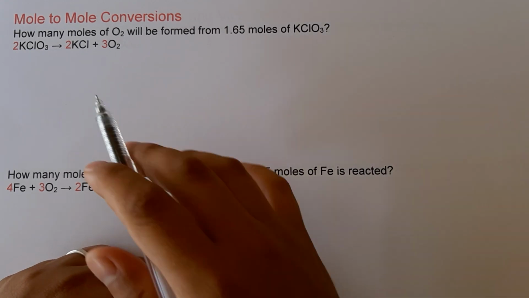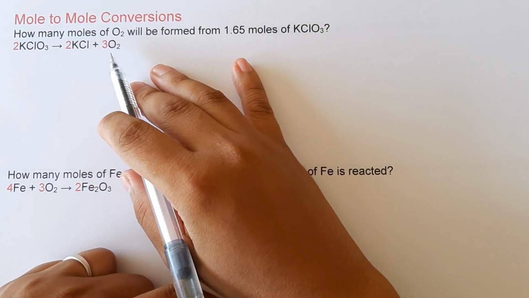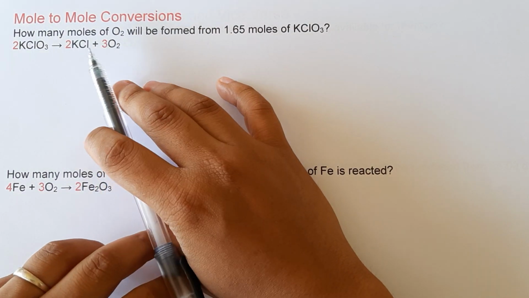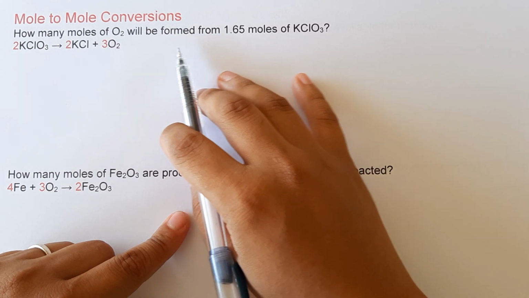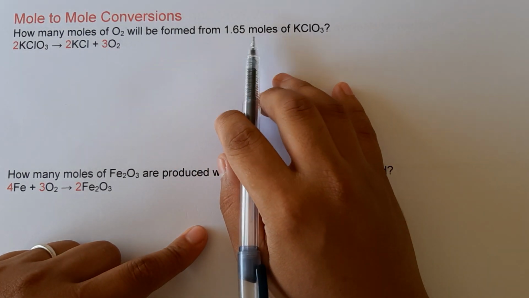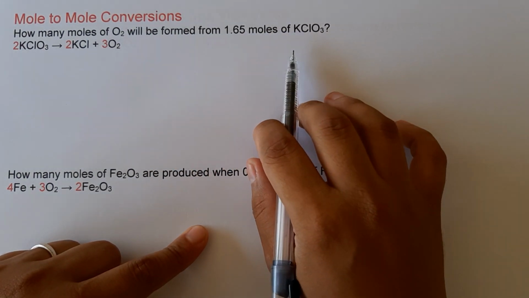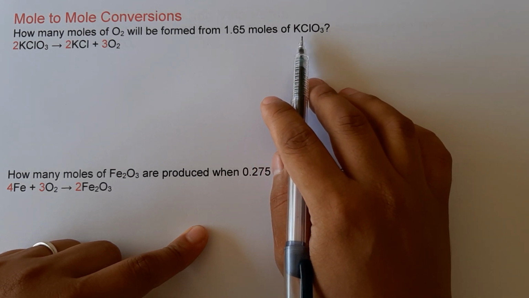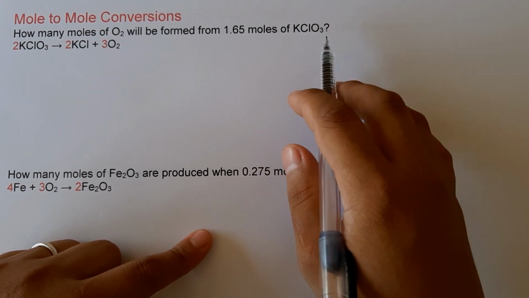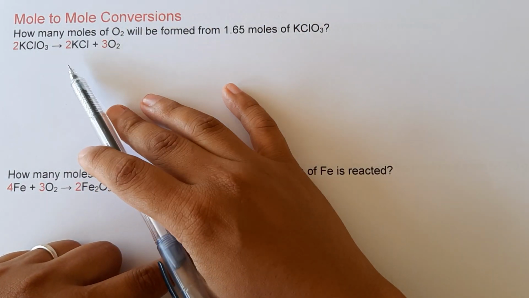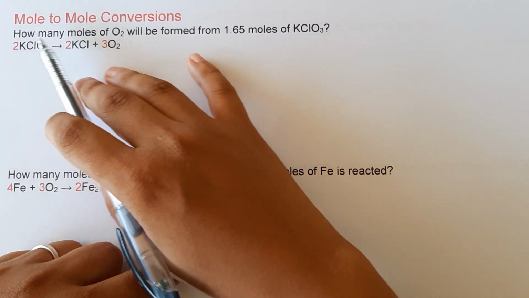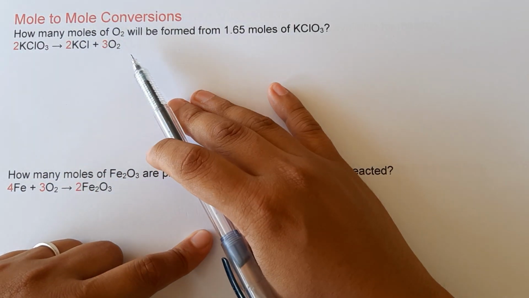So, I have here the problem and the balanced chemical equation. The problem is asking for the number of moles of oxygen that will be formed from 1.65 moles of potassium chlorate. So we are going to refer to the balanced chemical equation.